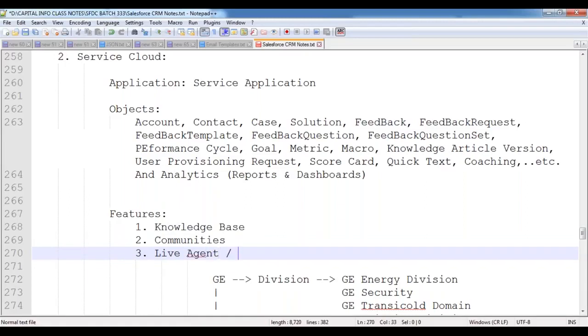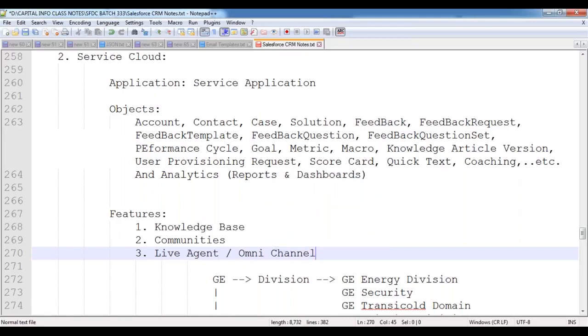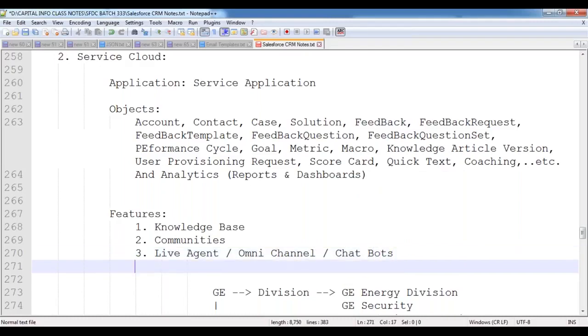Live agent. This is also called omni-channel nowadays. These are also called chatbots.